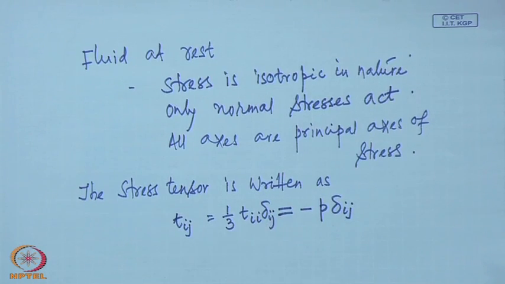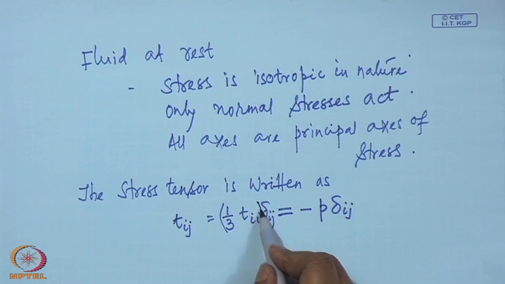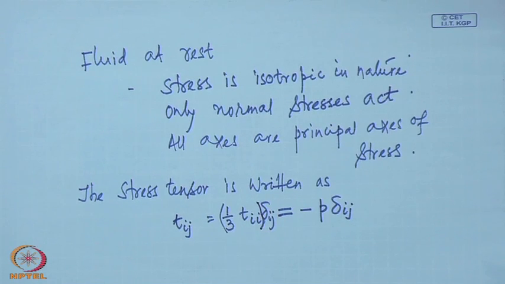So, this delta ij is given so that it has the tensor form. And this 1/3 T ii, since it is equal in all directions, we do not need to write all the time T ii and all, we can just write one number, which we have written here as P, and call this fluid static pressure.